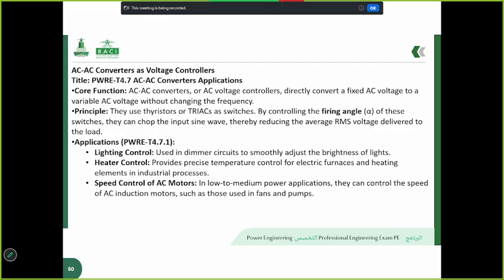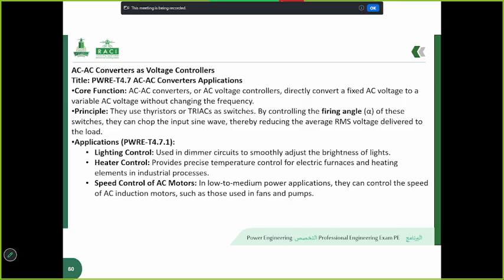The converters use semiconductor switches, most commonly thyristors or triacs, which are turned on at a specific point in each half cycle of the input AC sine wave. This point is determined by the firing angle alpha.